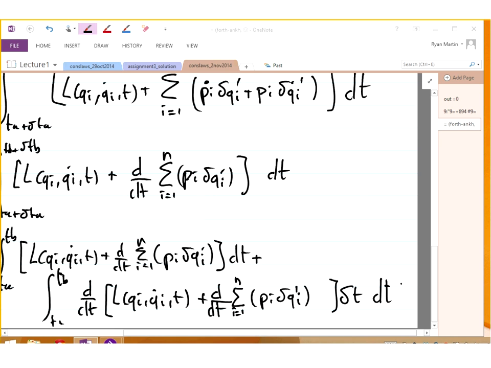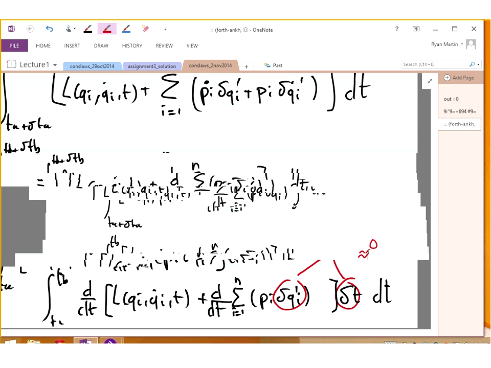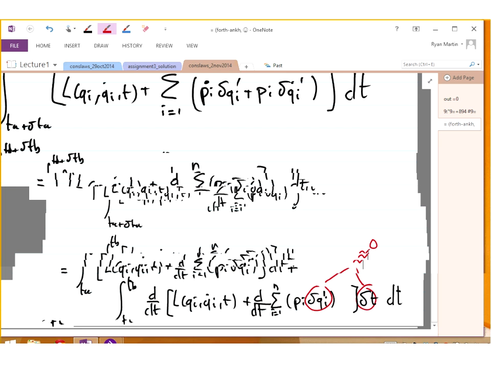It has a delta q_i primed and a delta t. And so that's small. We have a delta q_i multiplied with a delta t, so that's going to be roughly equal to 0. So I'm going to rewrite that, dropping that term.